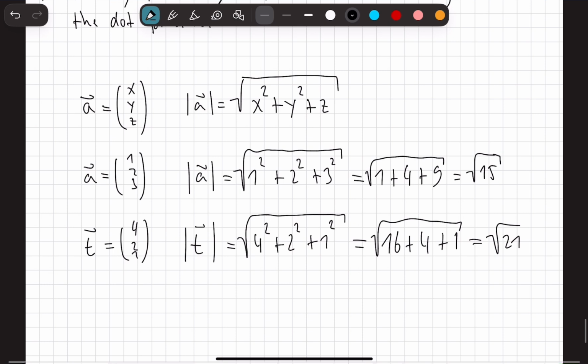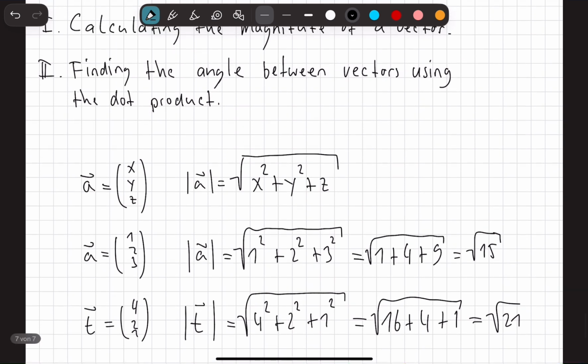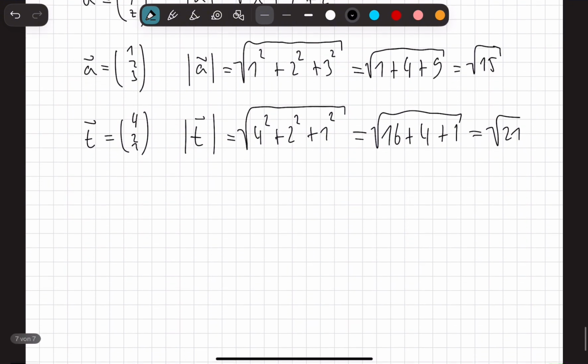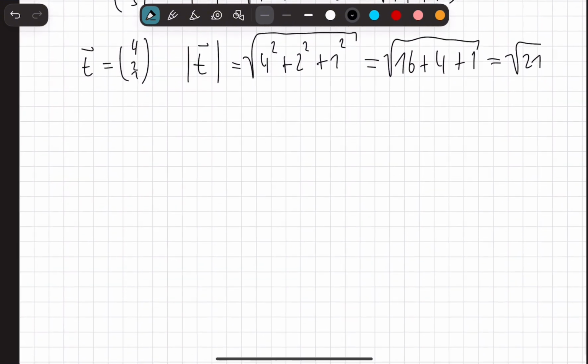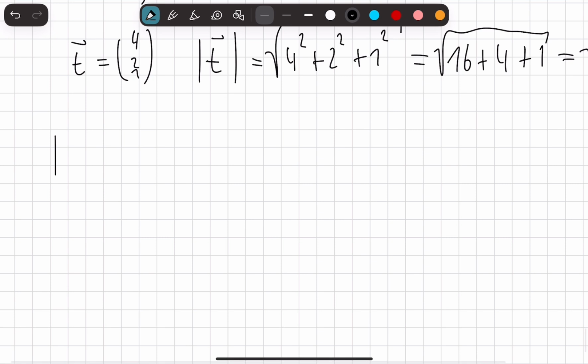So now to the second part, finding the angle between vectors using the dot product. If you don't remember the dot product, the notation is a dot b.